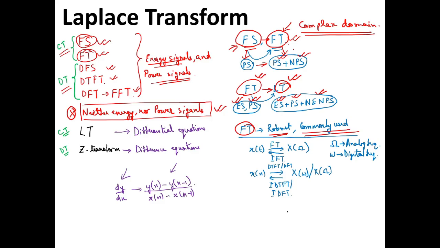The frequency in the Fourier transform, if you remember, is associated with the component j. And j is nothing but a complex number. That's why the Fourier transform is restricted to the complex domain, which is basically a single axis.